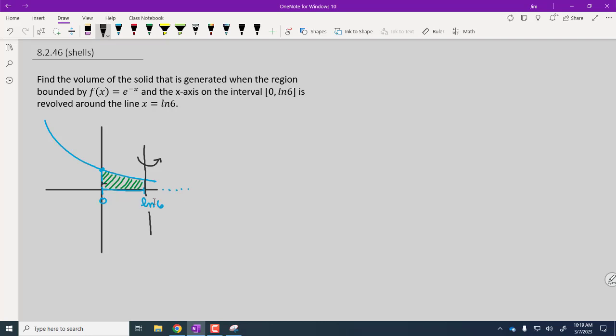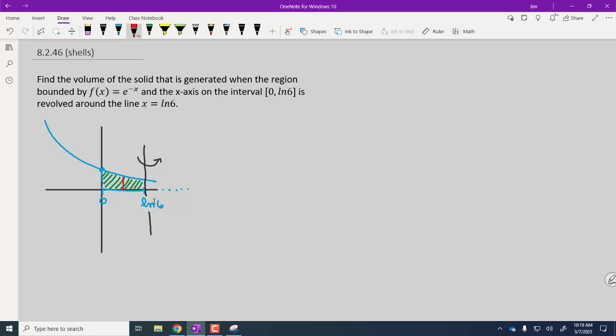If we drew our horizontal element right there, the right boundary is that. If we drew the horizontal element here, the right boundary is right there. So we don't have a unique right boundary, so it makes no sense to try to do a disk. So we're going to draw a vertical element, and that is why we'll use a shell, because that is parallel to the axis of rotation, which creates a shell.